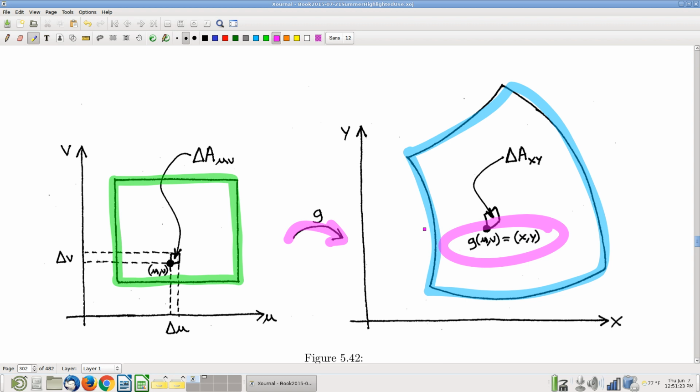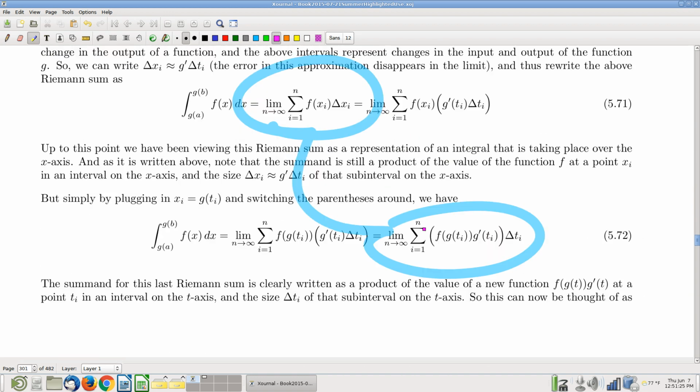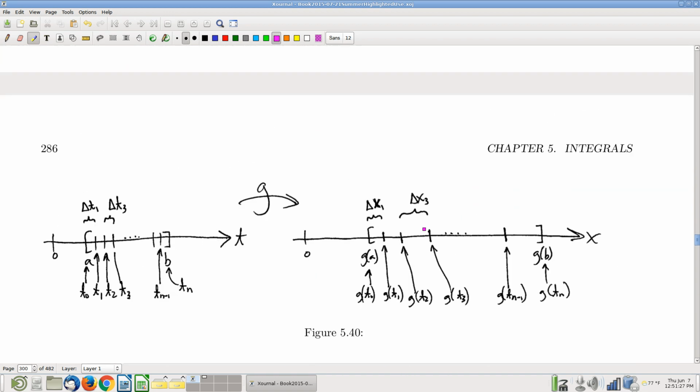Right? And so just like we had in the single variable case, there's the question of, given a little piece of the domain over there, by what factor does that get stretched out to become a presumably different sized piece of this new domain over here? What's the relation between the size of this and the size of that?